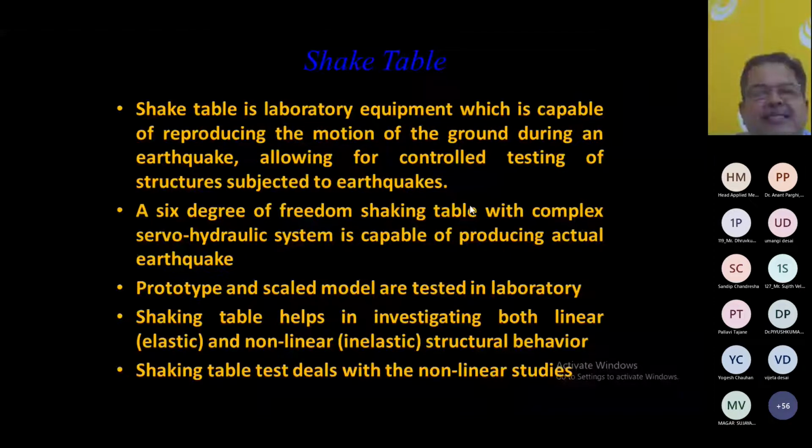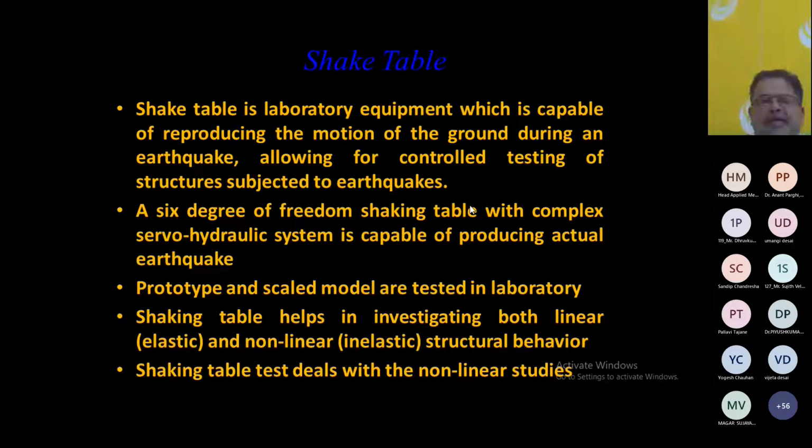Now, this shake table has 6 degrees of freedom, right? This is the best one we have. So 6 degrees of freedom means it has a translation in X direction, Y direction, and Z direction. At the same time, a rotation about all the three axes. So the 6 degree of freedom system, that is the best shake table.